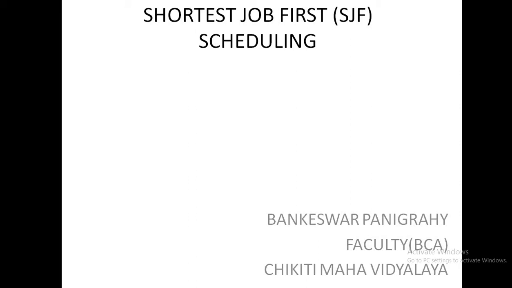After preparing the Gantt chart, we have to calculate the completion time of each job, then the turnaround time and waiting time of each individual job. After that, we will calculate the average turnaround time as well as average waiting time.